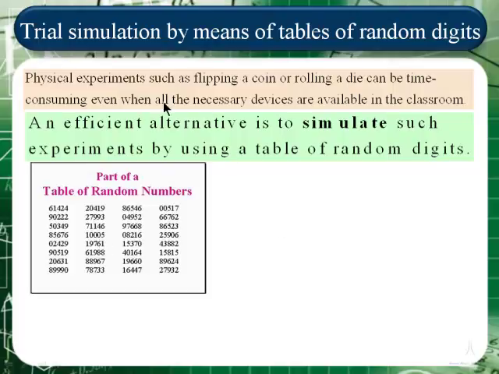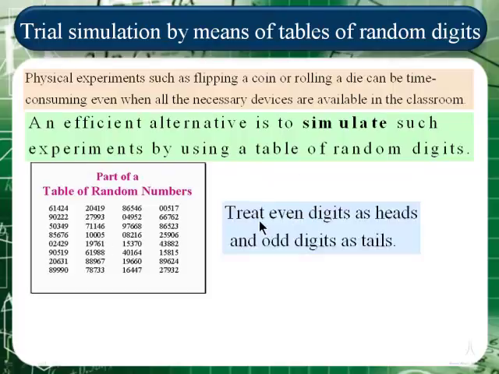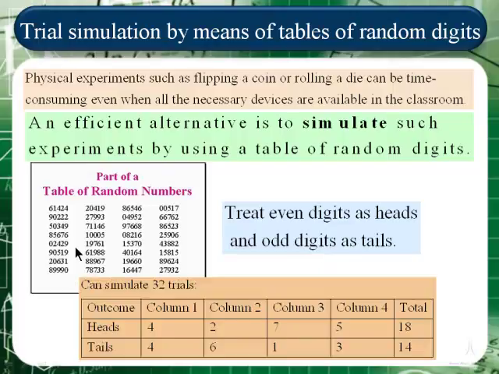If we consider the experiment where we are flipping a coin, we can treat even digits as heads and odd digits as tails. Now in this particular table we have 4 columns of randomly generated numbers, and in each of the columns there are 32 numbers. So we have 32 randomly generated numbers.